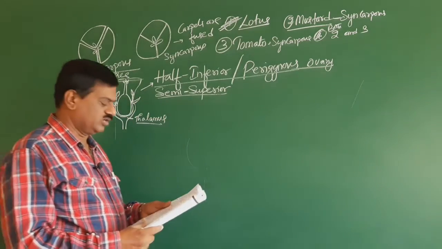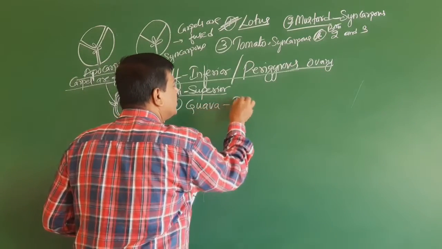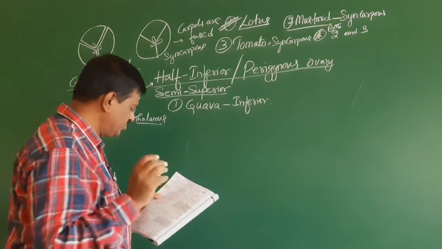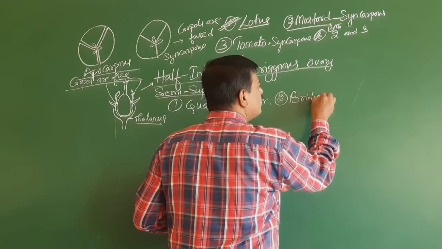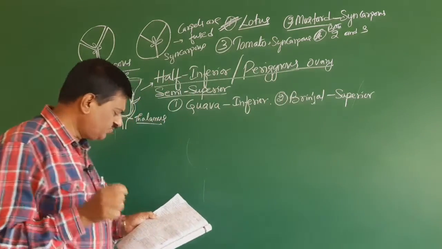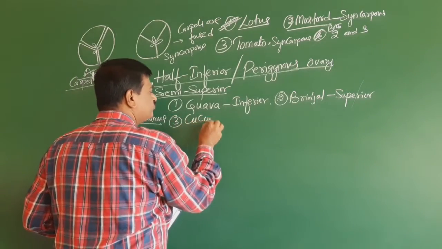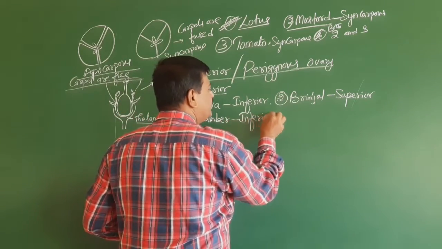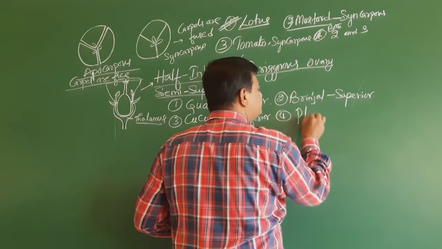So here the options are. The first option is guava. This guava has an inferior ovary. It is not semi-inferior but inferior. The second one is brinjal. Brinjal has a superior ovary. The third one is cucumber. In cucumber also, the ovary is inferior. Next is plum.